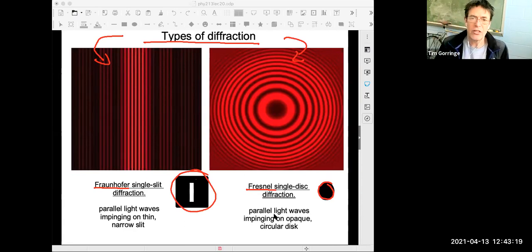There's a question in the chat, I just saw it, from Sarah. Is this similar to why you see a full circle of a rainbow from an airplane? When you see a rainbow, whether you see it from the ground or from an airplane, you're seeing a phenomenon that involves reflection and refraction, and that disperses the colors of light.